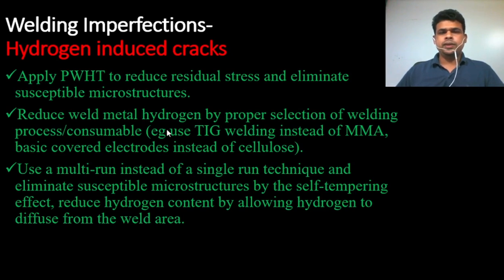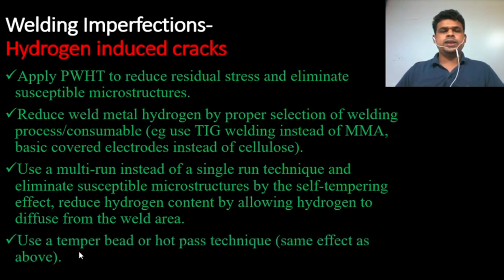If we use the proper welding consumable and welding process, then we can also prevent hydrogen induced cracking. Then use a multi-run instead of single run technique to eliminate susceptible microstructure by the self-tempering effect and reduce hydrogen content by allowing hydrogen to diffuse from the weld area. Also use a temper bead or hot pass technique, with the same effect as above.